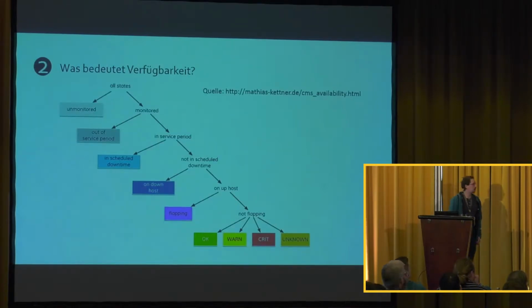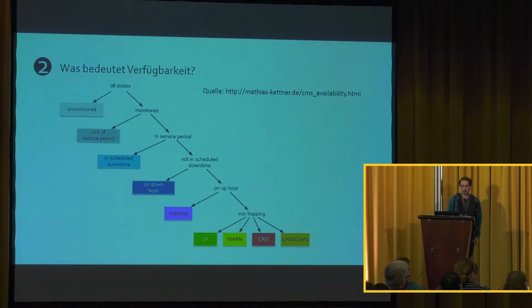Okay, so how does CheckMK do that in terms of availability? Well, there is a very nice overview right here in the new documentation of the CheckMK website. And this is how CheckMK checks if a service is considered available. So there are different statuses that you can see here.